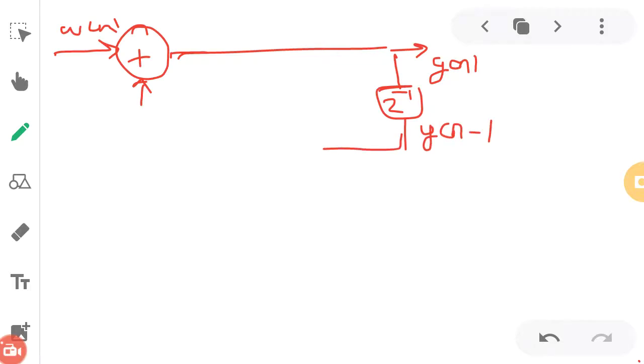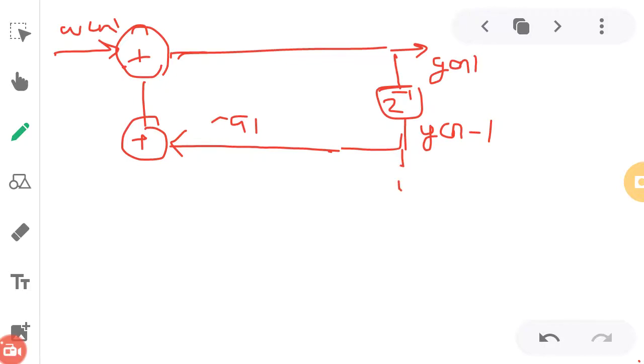Y of n minus 1 into, here we can take this as minus a1, minus a1 into y of n minus 1 plus, and the next term will be minus a2 into y of n minus 2.